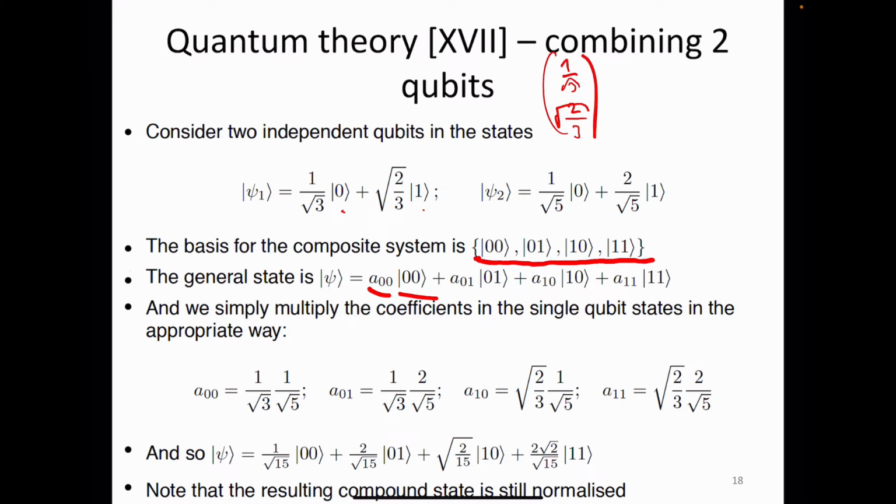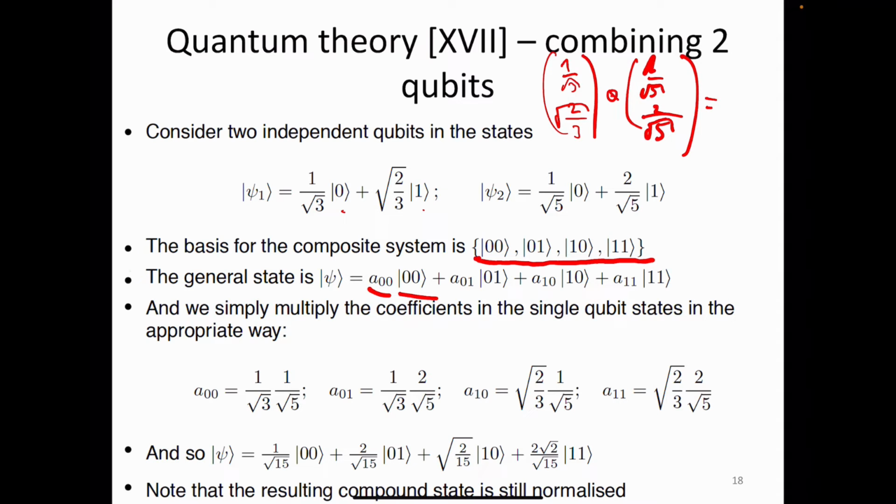So this is my first one, okay? And now I execute that tensor product with 1 over the square root of 5 and 2 over the square root of 5.